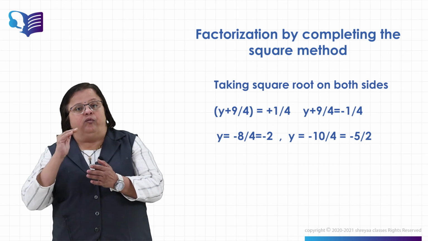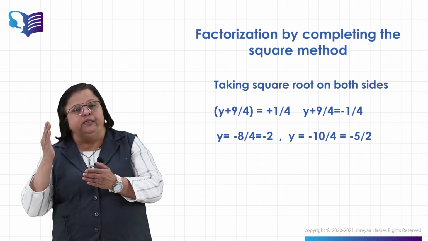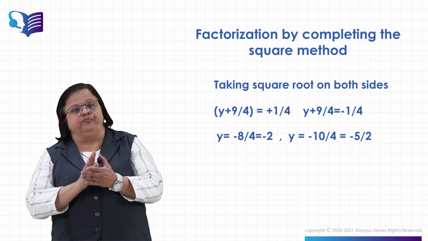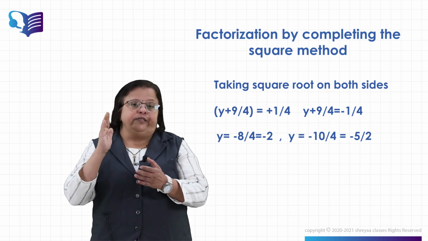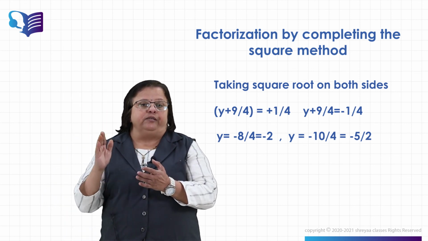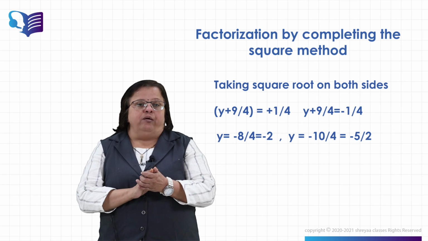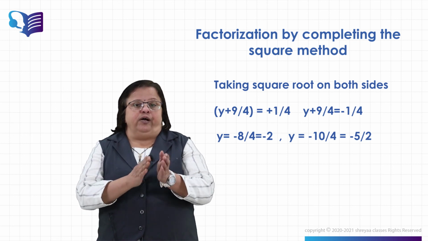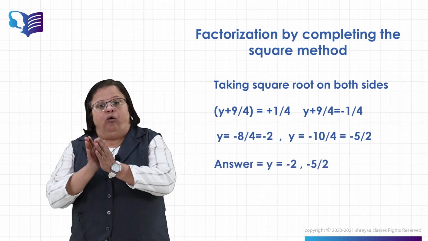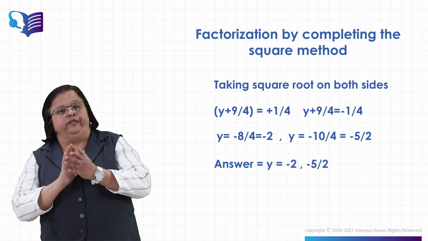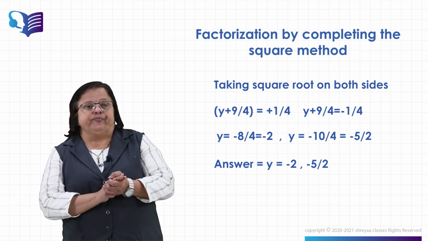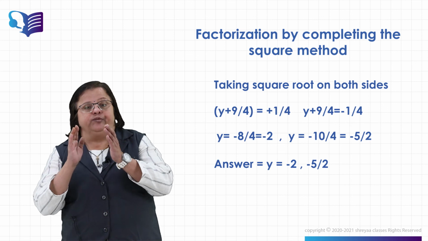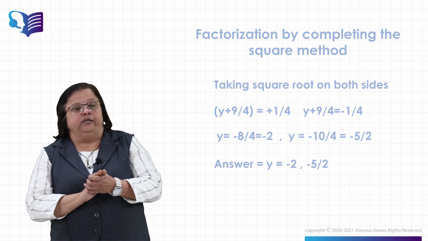And here y is equal to minus 9 upon 4 minus 1 upon 4, which is minus 10 upon 4, which is minus 5 upon 2. So the answer is y is equal to minus 2 or y is equal to minus 5 upon 2. So this is the solution of this quadratic equation.